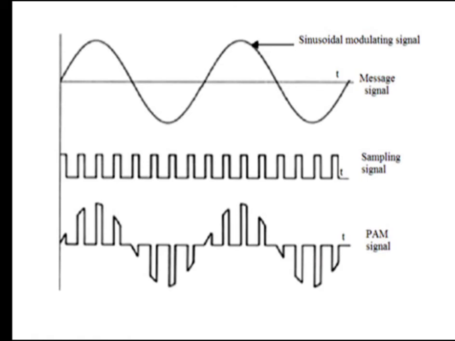You can see the amplitude of the pulse train is varied in accordance with the amplitude of the message signal. As I told earlier, the largest amplitude of the pulse indicates the greatest positive amplitude of the message signal, and the lowest amplitude of the pulses indicates the greatest negative of the message signal.